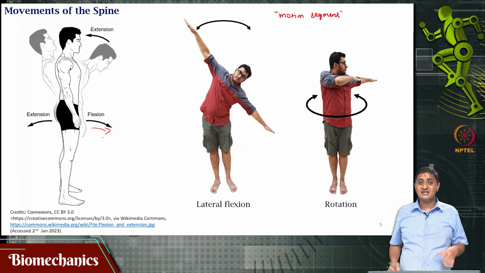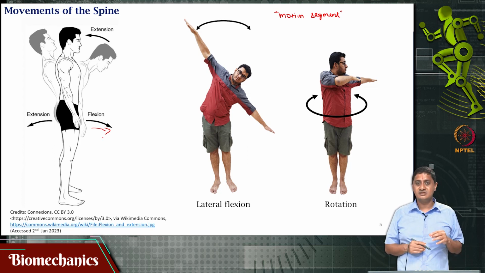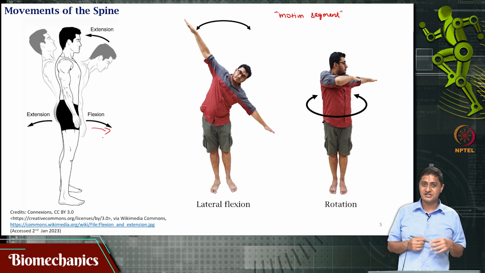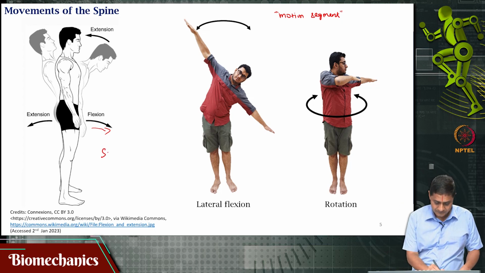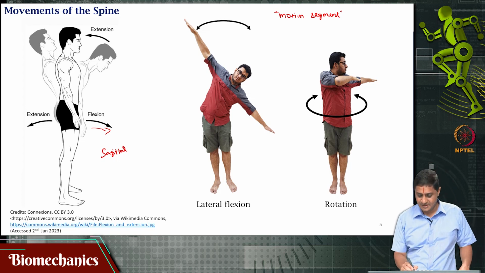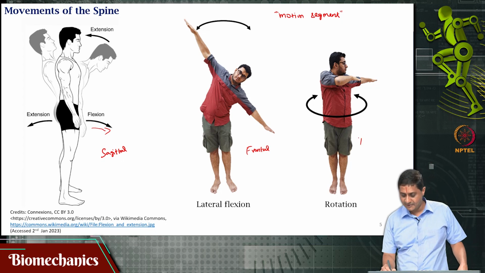Remember, we discussed anatomical planes and axes way back in the first or second week of this course. I request you to go back and review that content once, which planes these movements are happening in. Flexion extension is happening in the sagittal plane. Lateral flexion is happening in the frontal plane, and rotation is happening in the transverse plane.